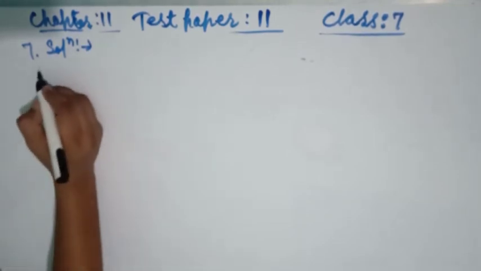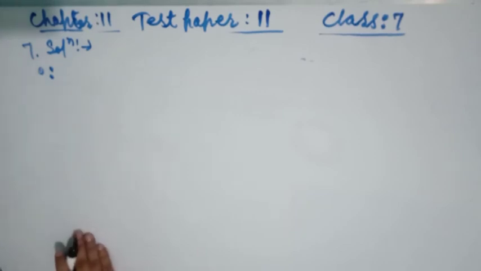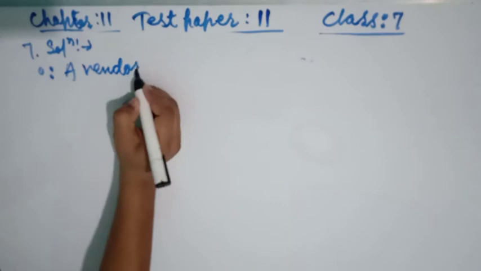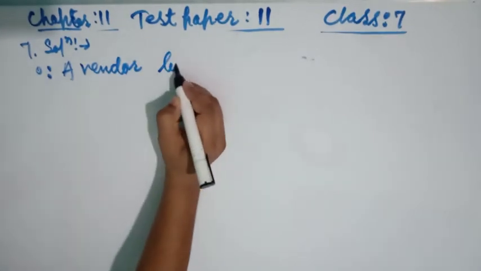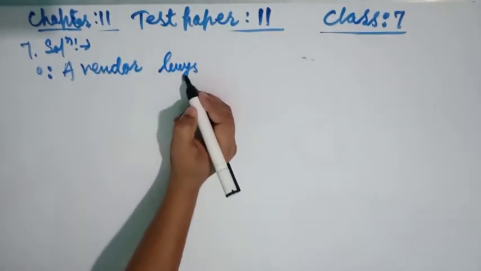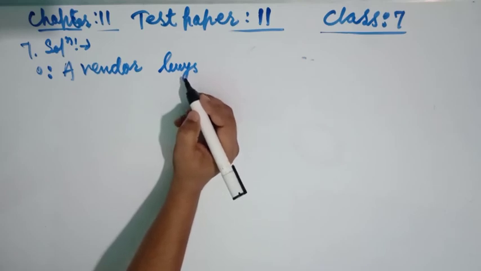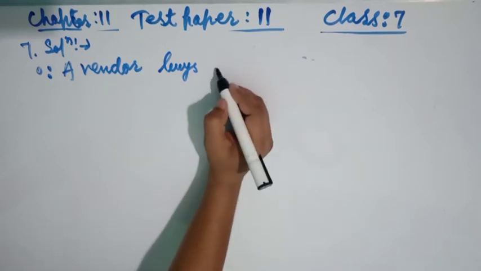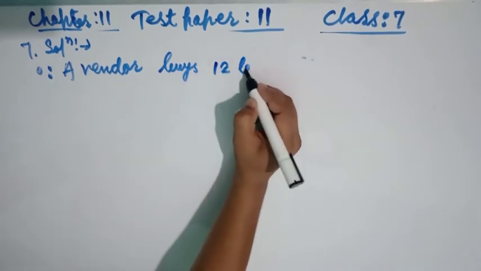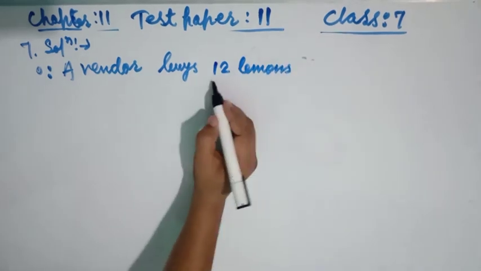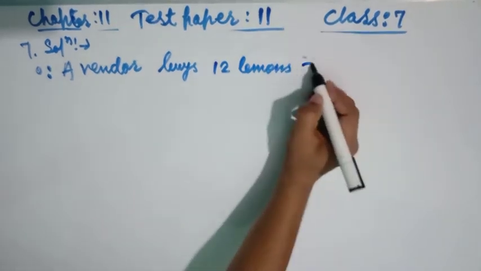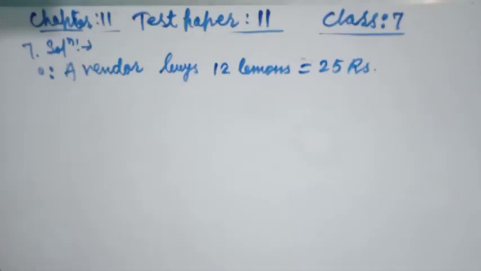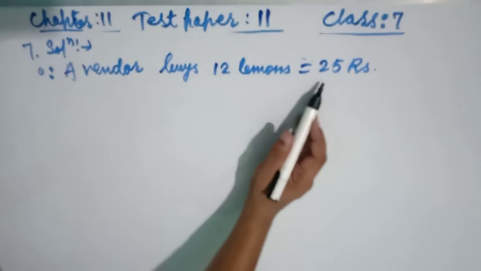Now, friends, what was given here? A vendor buys one dozen lemons. Here 12 lemons, friends. 1 dozen means 12 lemons, and 25 rupees. A vendor buys 12 lemons for 25 rupees.